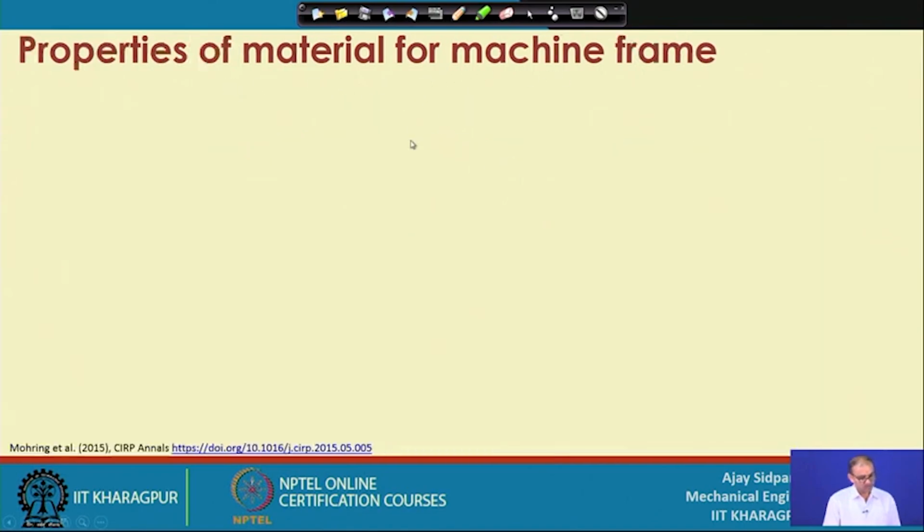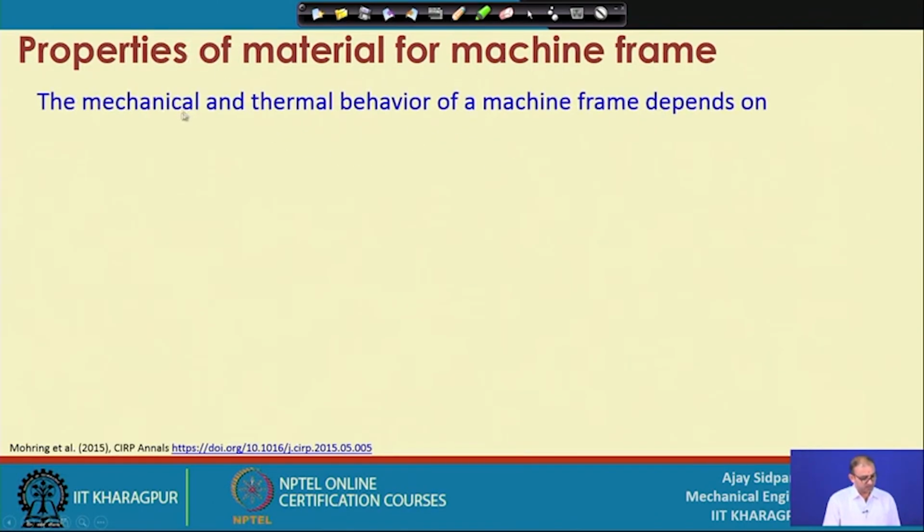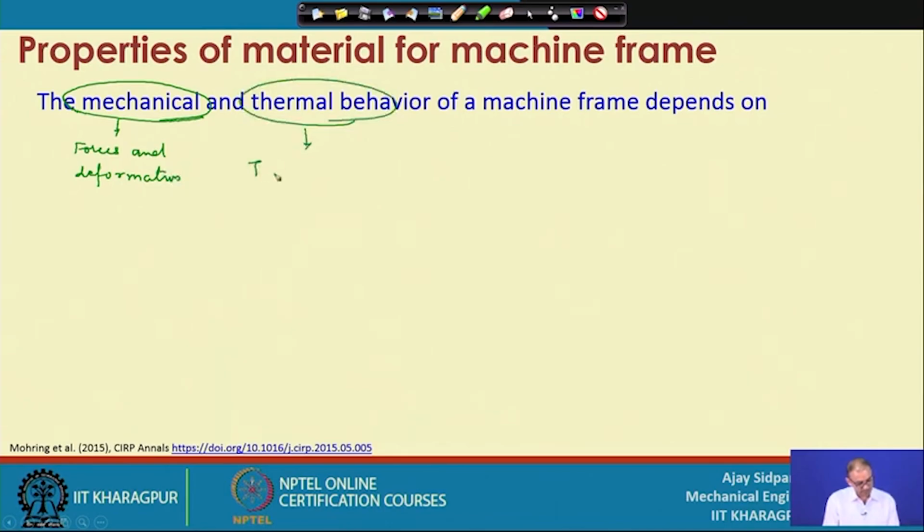What are the properties of material you require for this? So, thermal and mechanical behavior is more important, because mechanical behavior is important as we are encountering forces and deformation, and thermal behavior because temperature also plays an important role.